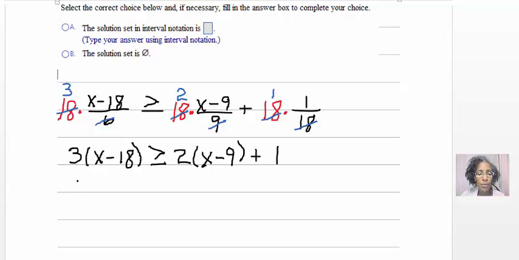So let's distribute. 3 times x is 3x. 3 times negative 18 is negative 54. That's greater than or equal to 2x minus 18 plus 1.